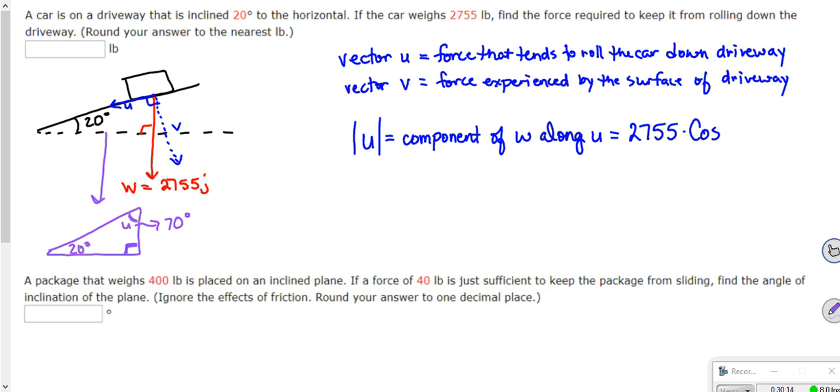That's what goes over here. 2,755 times cosine 70 degrees. That's the magnitude or force of U. So all we have to do is plug that in our handy dandy calculator, and we get approximately 942.27, but then what did they say? Round your answer to the nearest pound. So 942. That would be my answer.